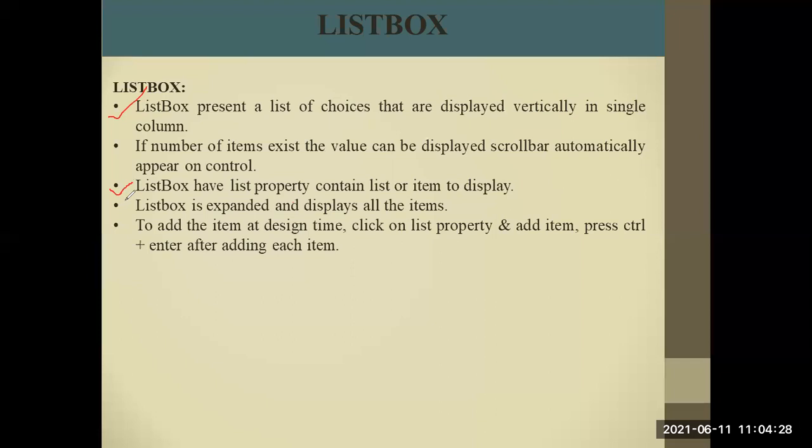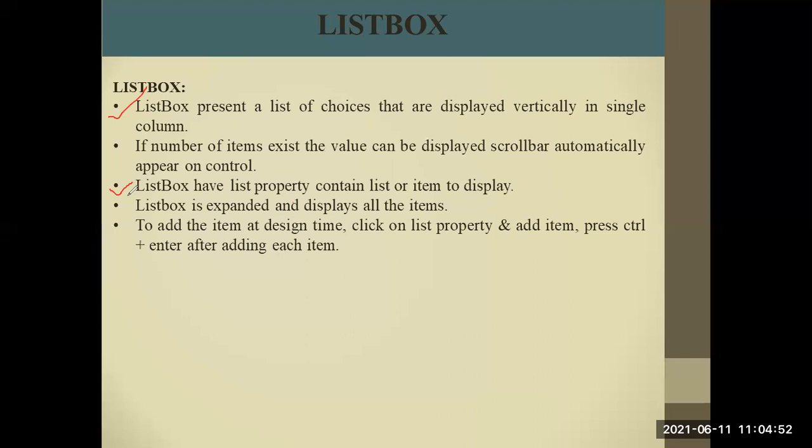That means if you want to add some additional item, you can easily add it. The list box is dynamic in nature. Suppose you want to add some new items to the list box, it is possible because we can expand the list box at any time.